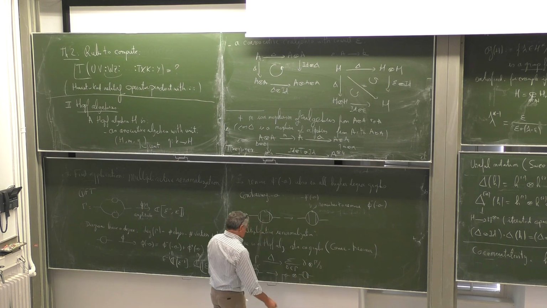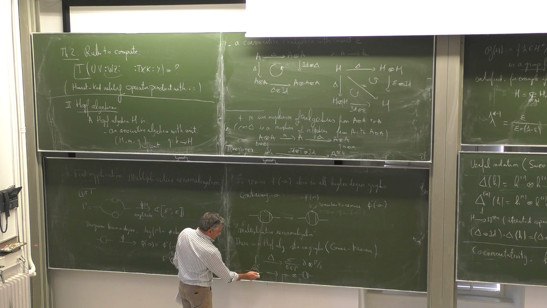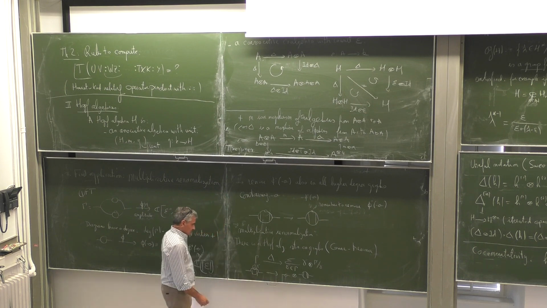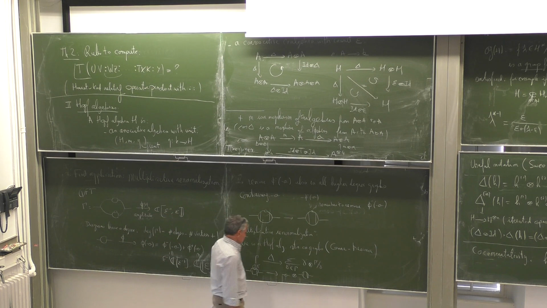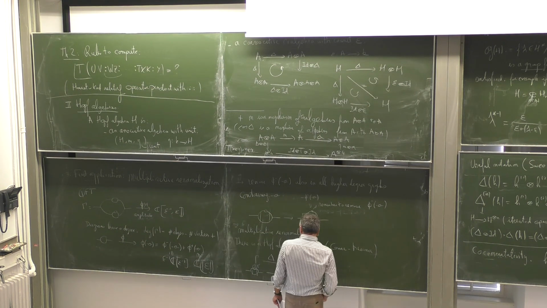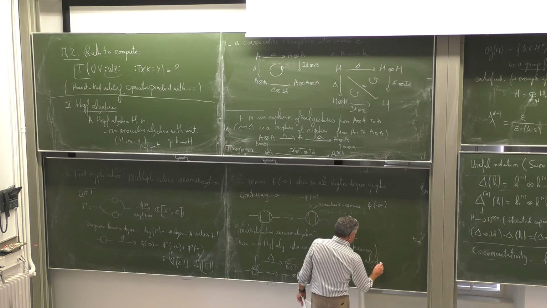But I could remove several subgraphs. I could also remove another graph. I will put it here in this left-hand side part. And as an algebra, the Hopf algebra is simply the free commutative algebra over all graphs of the theory.